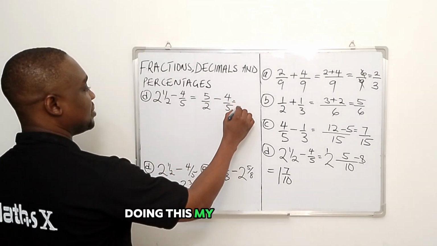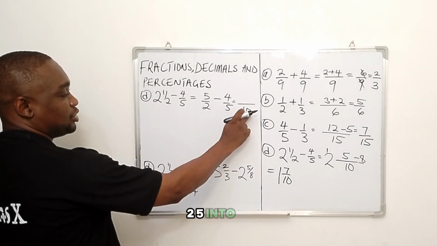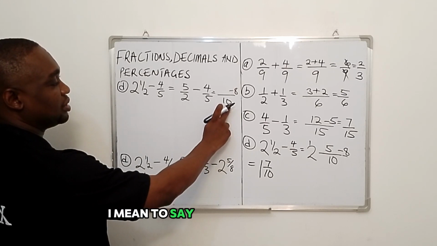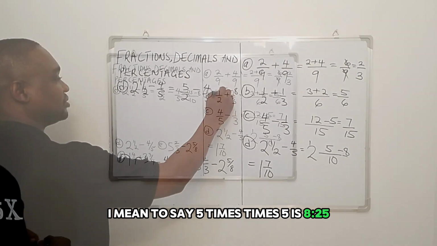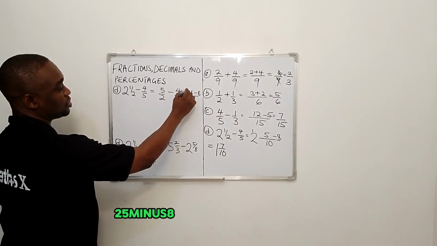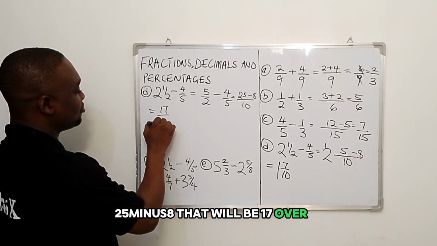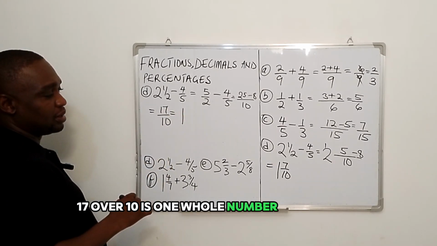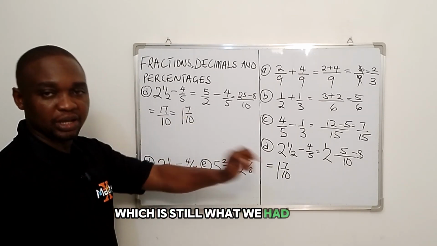My LCM is 10, right? 5 times 5 is 25, and 2 times 4 is 8. So 25 minus 8 is 17 over 10. 17 over 10 is one whole number 7 over 10, which is still what we had here.